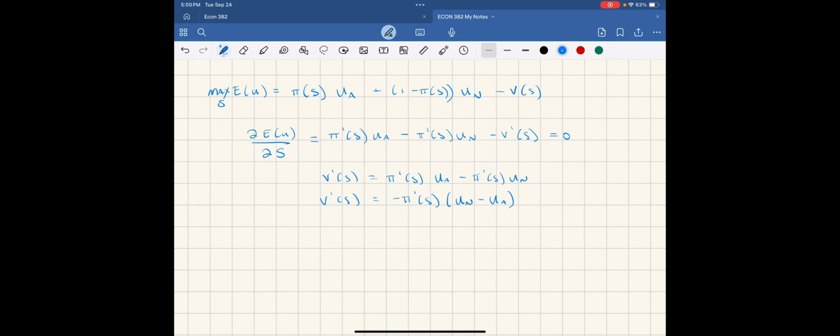And then this is one of the end results, the way that we can interpret this equation. This right here is the marginal cost of precaution. How much does it cost for each additional unit of precaution?